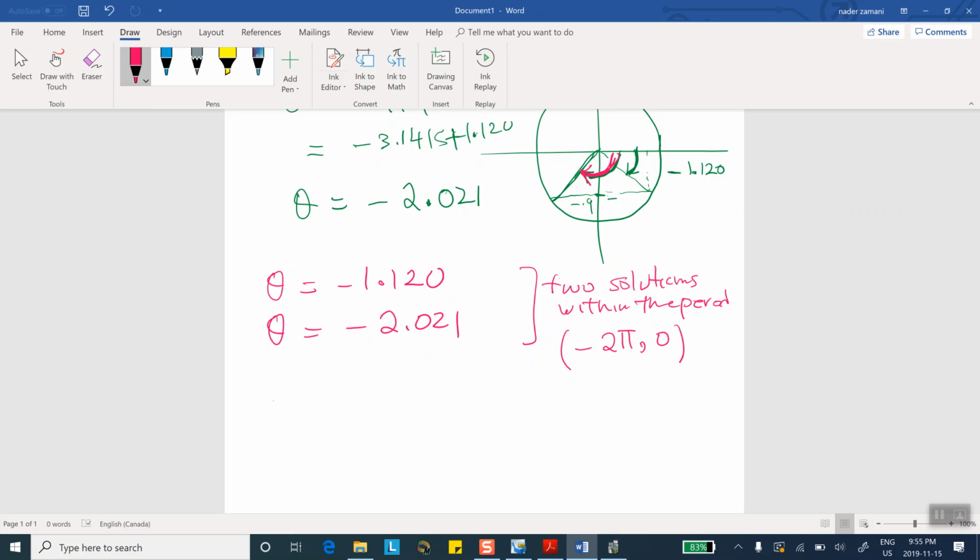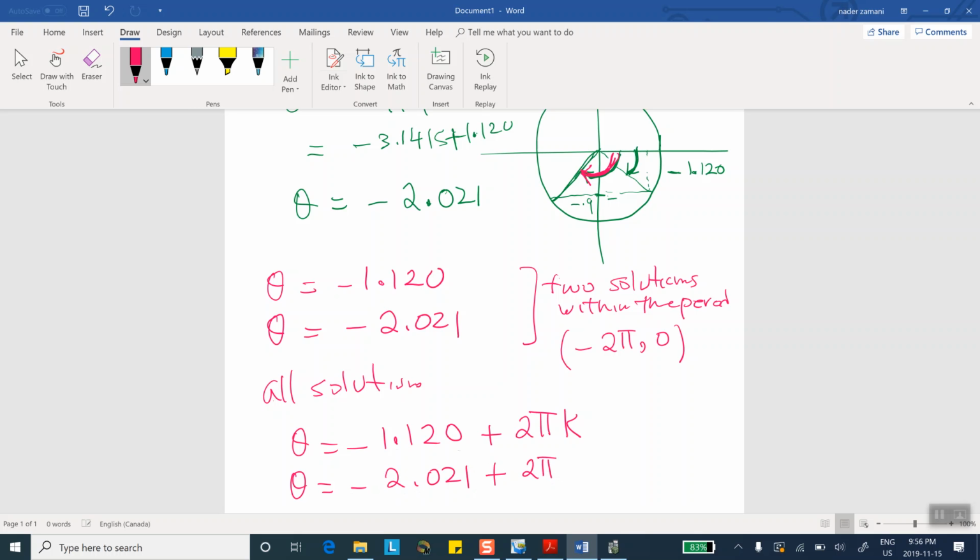So all solutions, just add multiples of the period: theta equal to minus 1.120 plus 2 pi k, and theta equal to minus 2.021 plus 2 pi k, k equal to 0, plus or minus 1, plus or minus 2, etc.